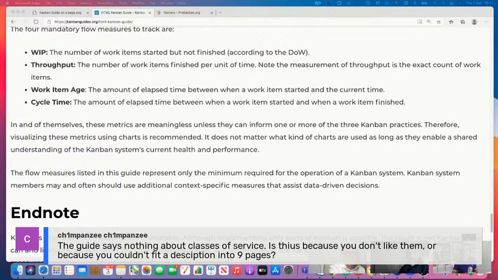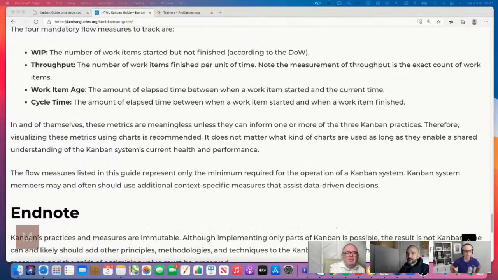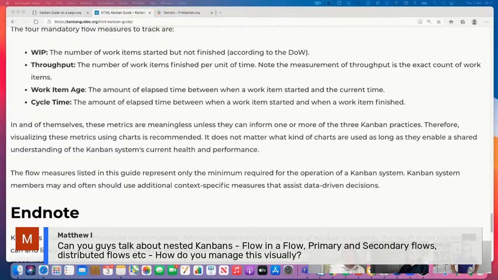A couple of others: I'll go to Matthew, and then Gary, and then we'll have a look at ProKanban. I'm going to try to wrap up in about 10 minutes. Can you guys talk about nested Kanbans, flow on a flow, primary and secondary flows, distributed flows? Matthew: I was just going to say that's an episode in itself, John. We need to cover that.